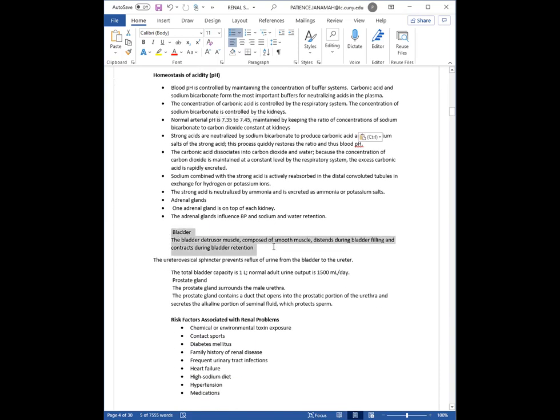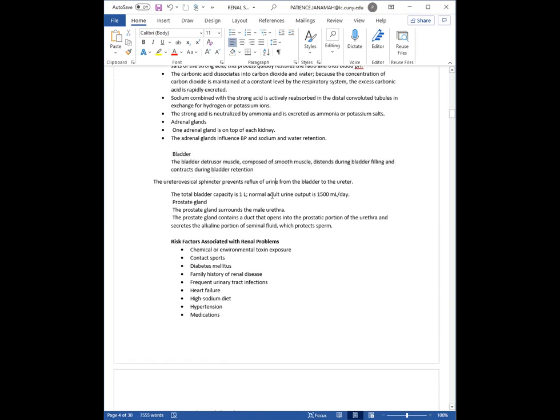Now let's talk about the bladder. The bladder is a detrusor muscle. So when we talk about muscles, it's composed of smooth muscle and is distended during bladder filling and contracts during emptying. So if the bladder is full, it distends, and when the bladder is empty, it contracts.